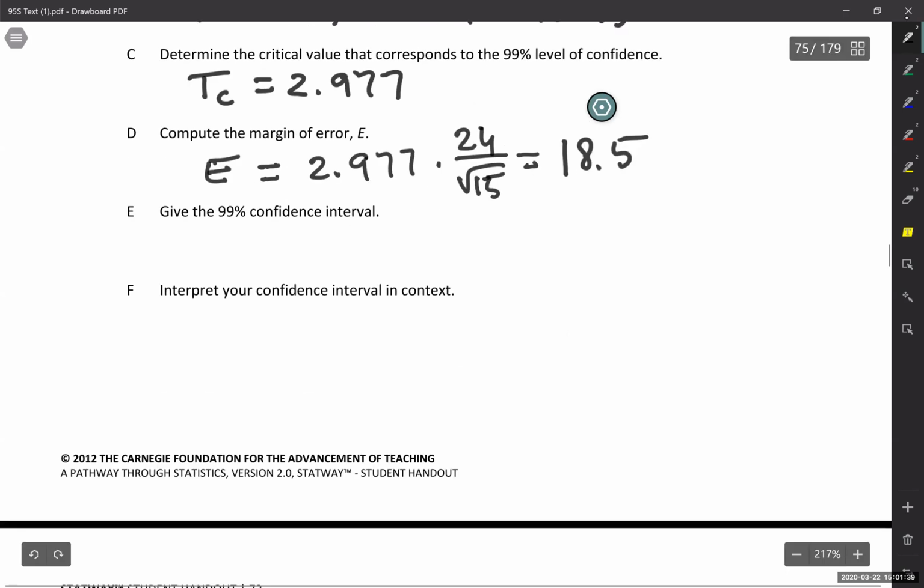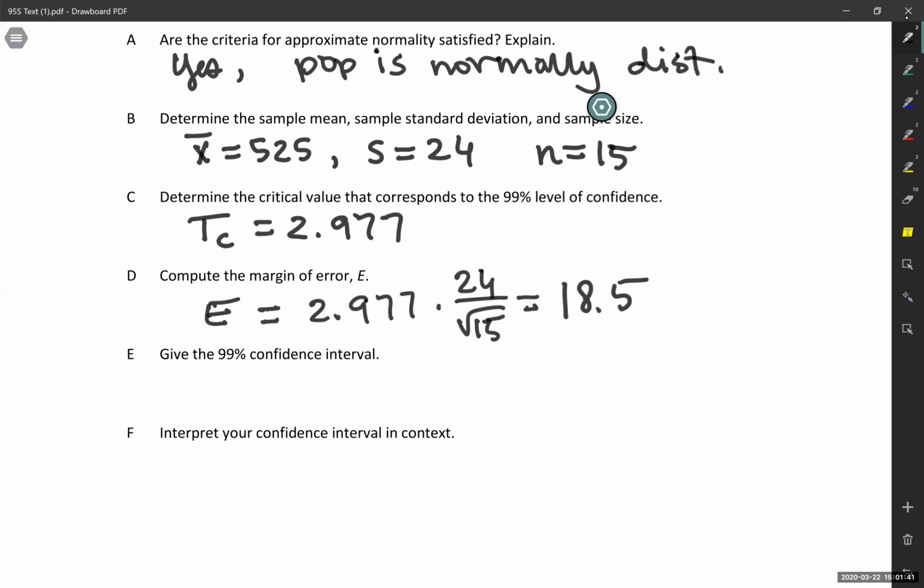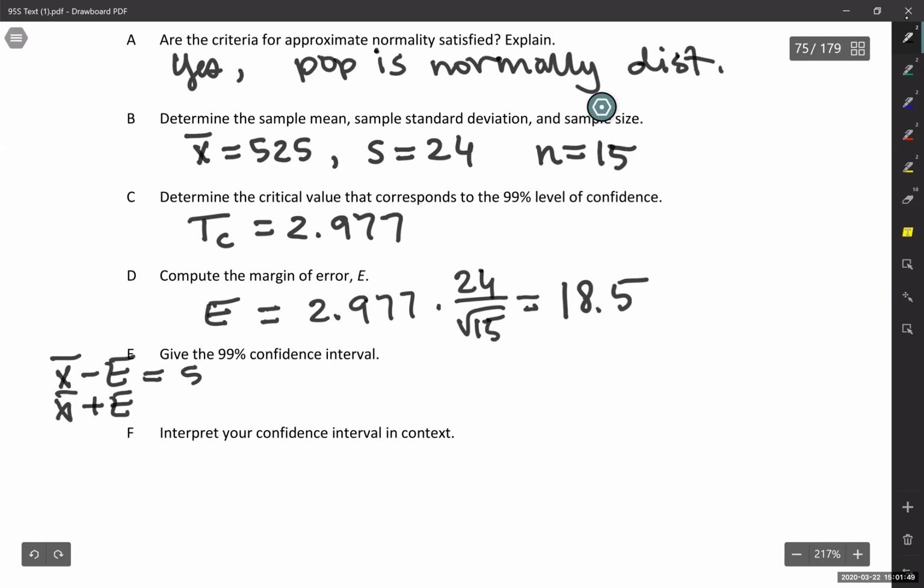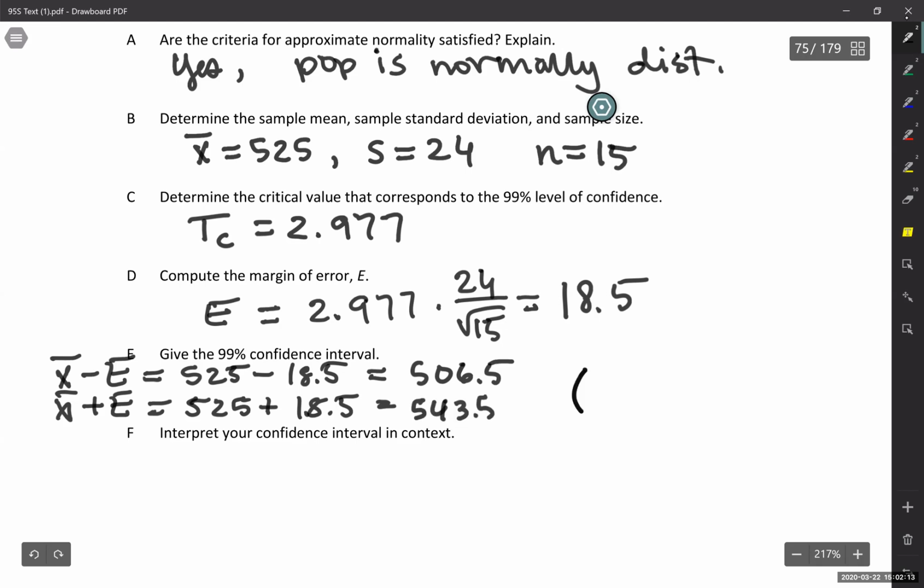So I'm going to write it off to the side, X bar minus E, X bar plus E. So we're taking our mean, we are subtracting, and then we are taking our mean, and we are adding that margin of error. So our lower bound would be 506.5. Our upper bound would be 543.5. And so our confidence interval would be 506.5 to 543.5.